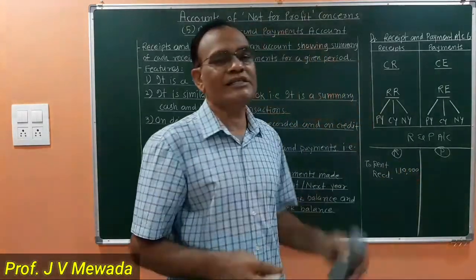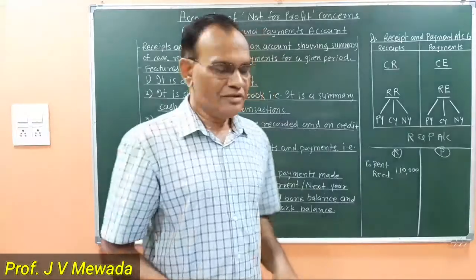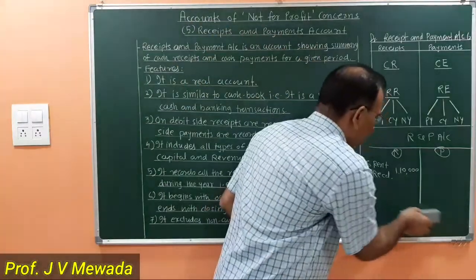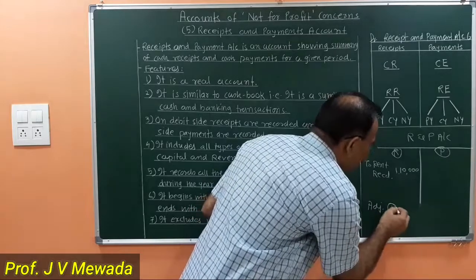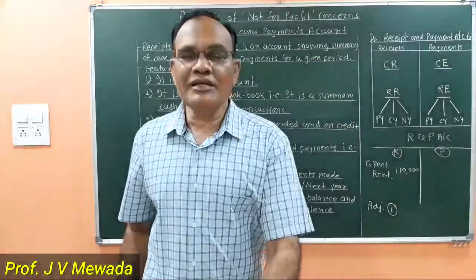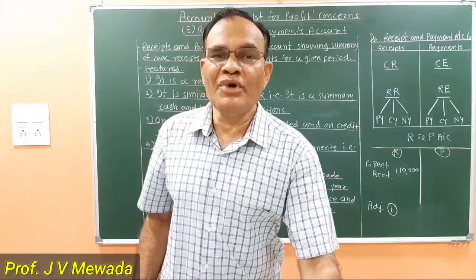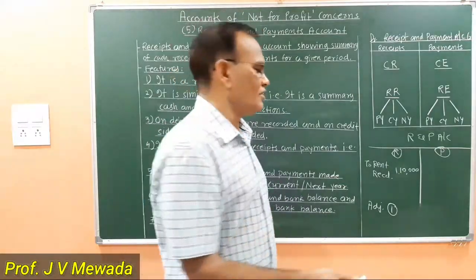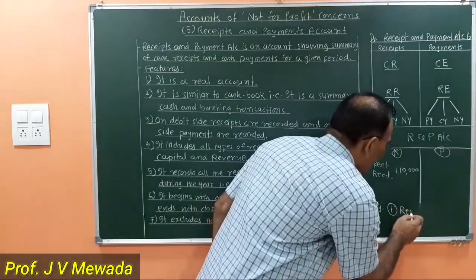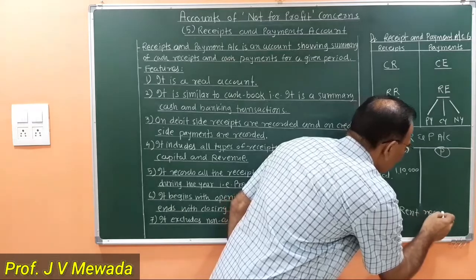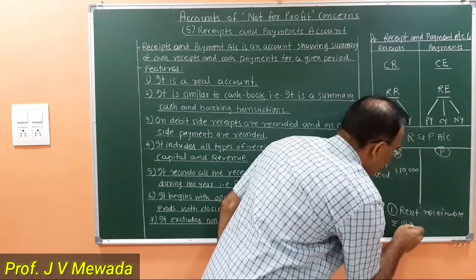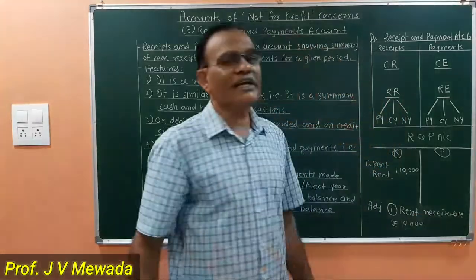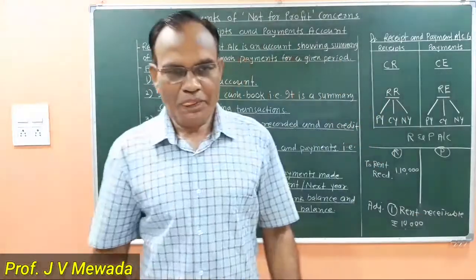That is the rent received, and we are given adjustment. What adjustment is given to us? Rent receivable rupees 10,000. So this is nothing but outstanding rent which is receivable.